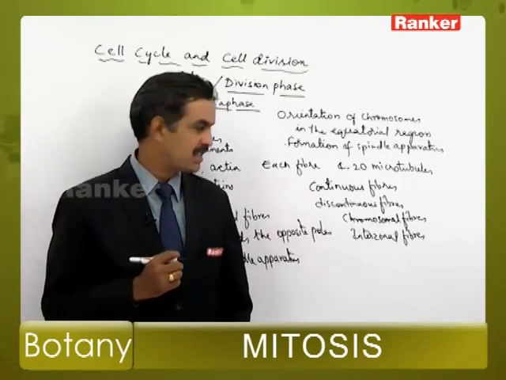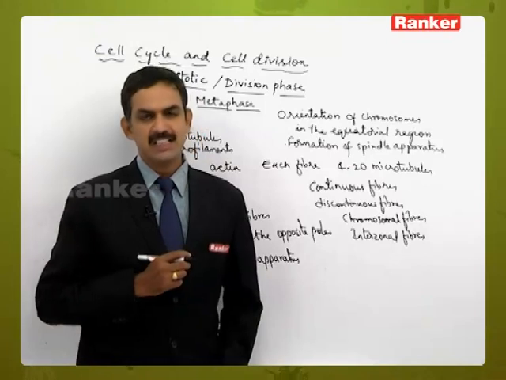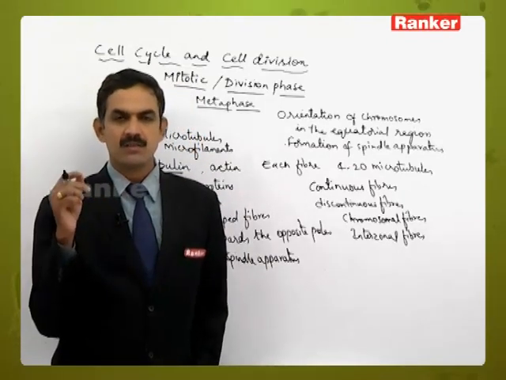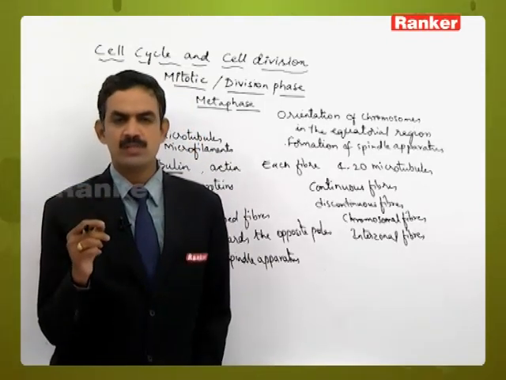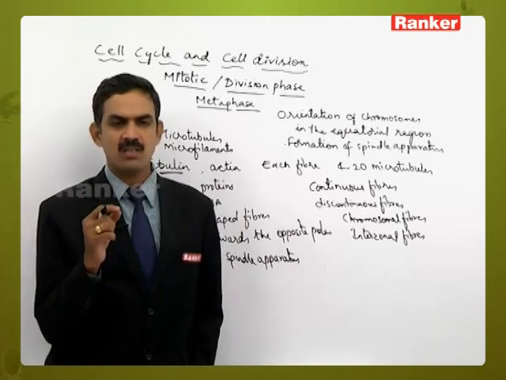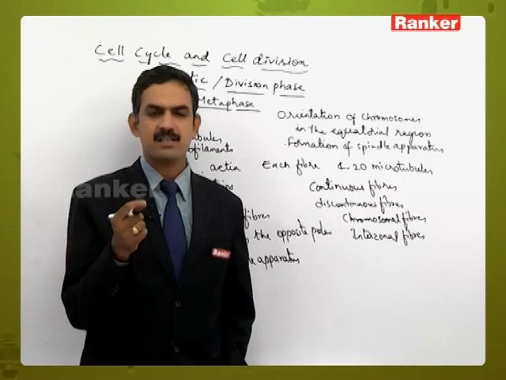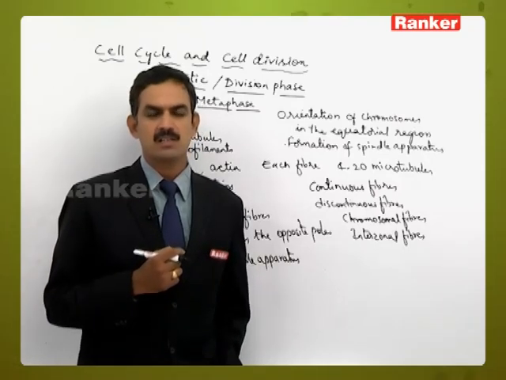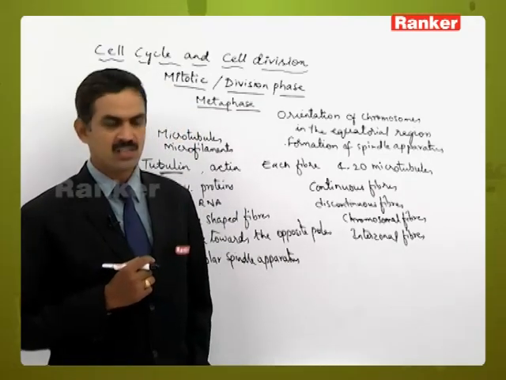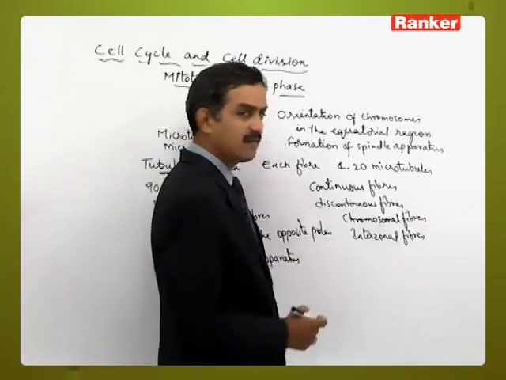That's the reason these are called chromosomal fibers. Interzonal fibers are the fibers extending from the poles. They will not join the opposite fibers, but some fragments of these spindle fibers remain in the equatorial region. Those are called interzonal fibers.